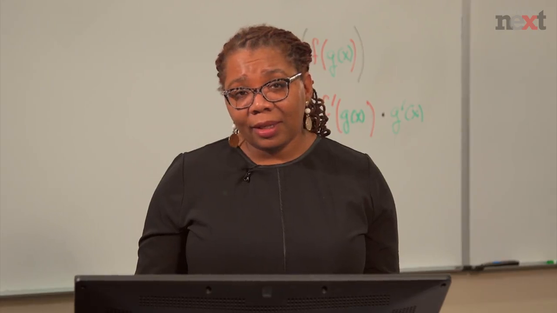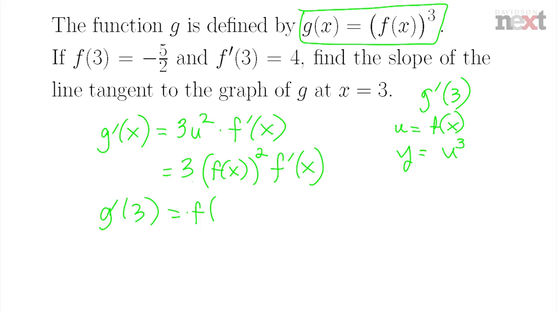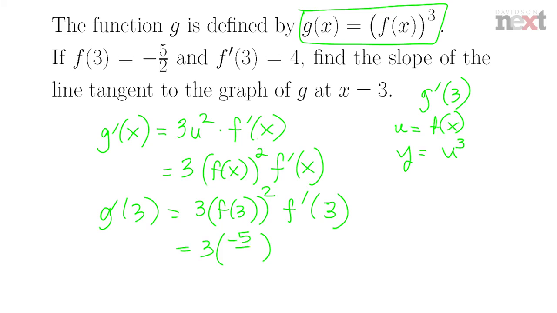Now let's evaluate that derivative at x equals 3. g prime of 3 is equal to 3 times f of 3 squared times f prime of 3. Substituting the values that they gave us, 3 times negative 5 halves, which is f of 3, squared, times 4, which is f prime of 3.